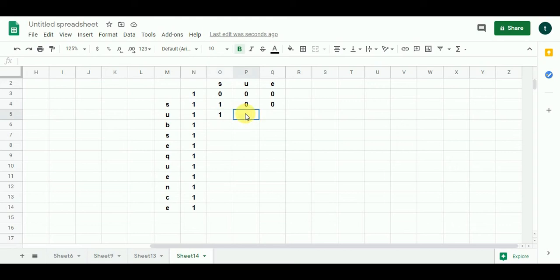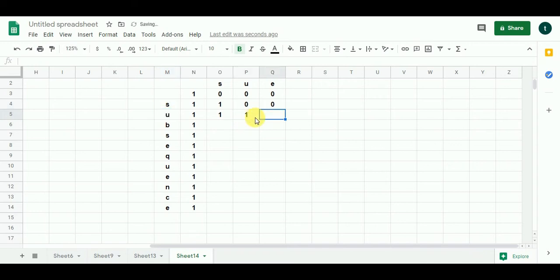Okay, let's move here. Does SU appear in SU? All right, value here is 0. SU didn't appear as a subsequence in S, but here we have U. That means it appears 1 time in SU. So I am going to put 1 over here.